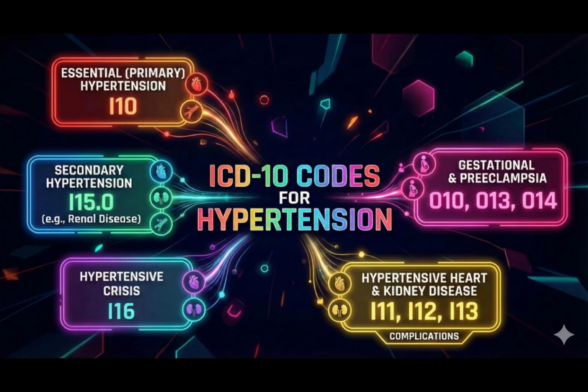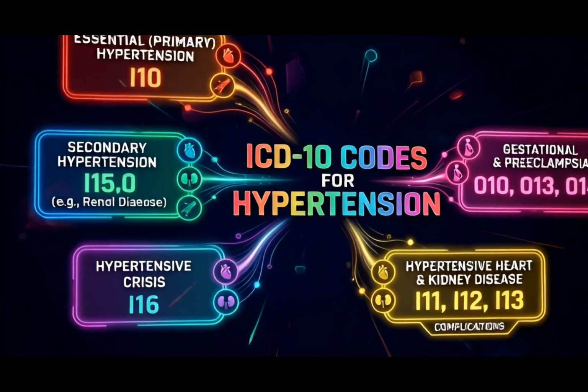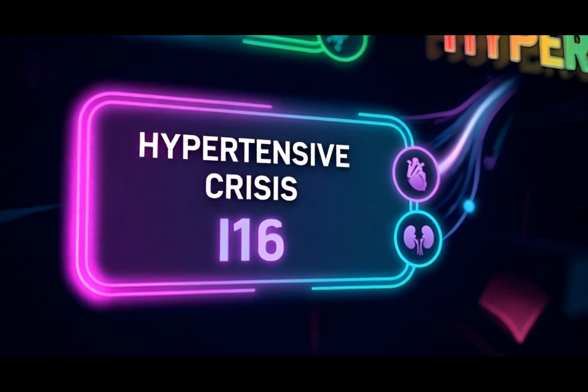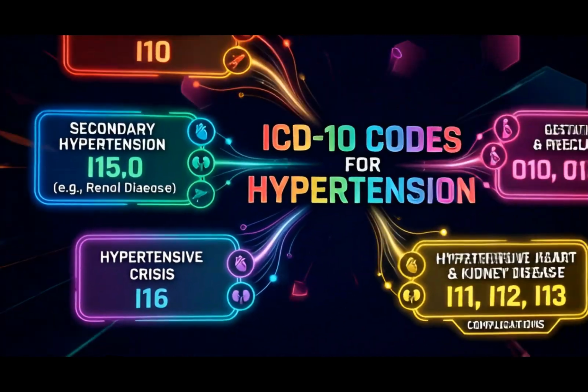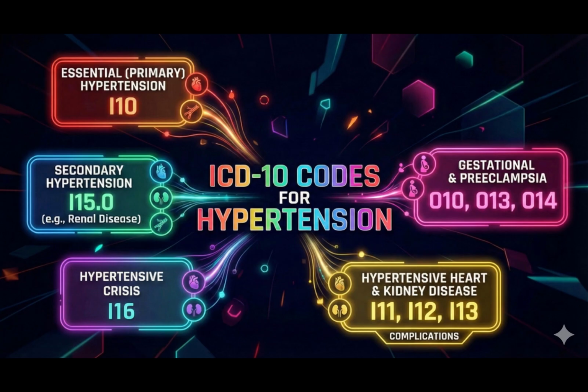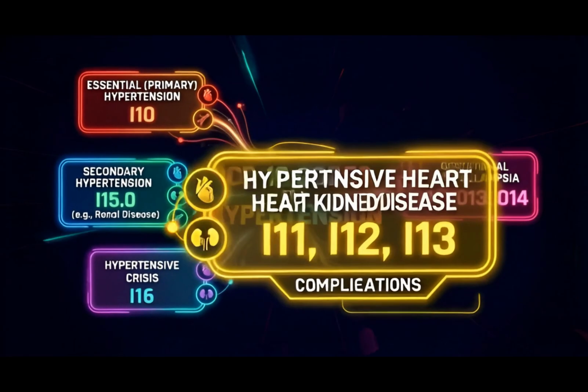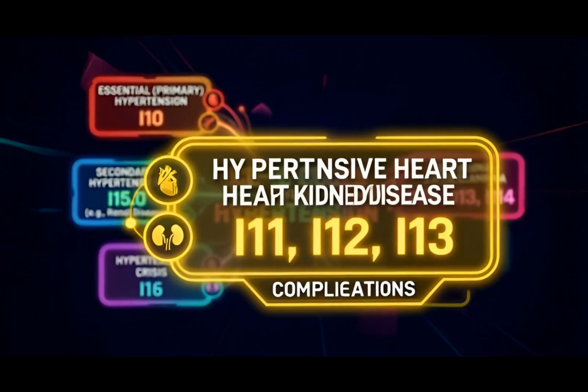This is used when hypertension is caused by an underlying condition such as renal disease. For example, hypertension due to kidney disorders falls under I15.0. We also code hypertensive crisis separately under I16, which includes hypertensive urgency and emergency, conditions requiring immediate medical attention. Then we have combination codes for hypertensive heart and kidney disease, which fall under I11, I12, and I13.